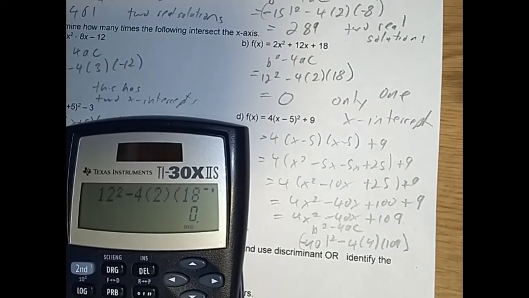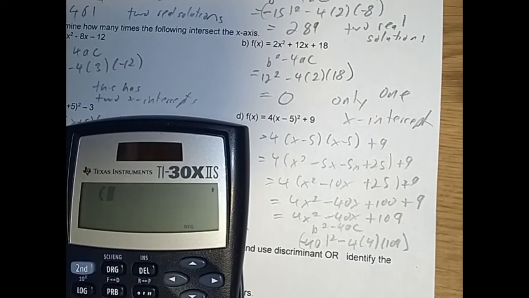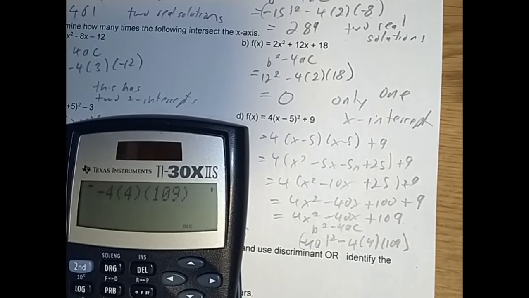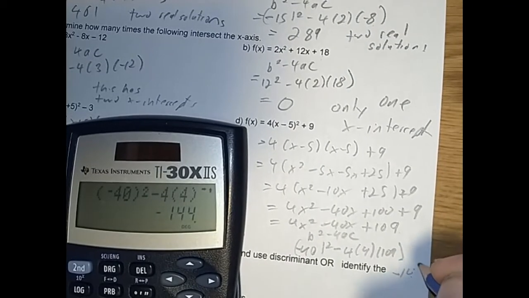So negative 40 squared minus 4 bracket 4 and then 109. Negative 144. Okay, there's no x-intercept.